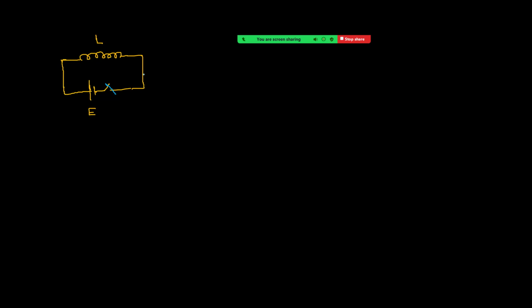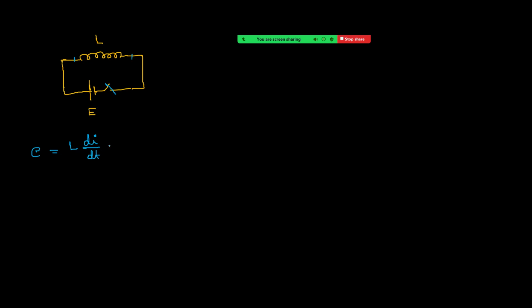And you can see the EMF induced across the inductor, I am focusing only on the modulus value, is equal to L di by dt. So this is the EMF induced across the inductor. And we know that across the inductor, EMF is equal to the battery's EMF, right?